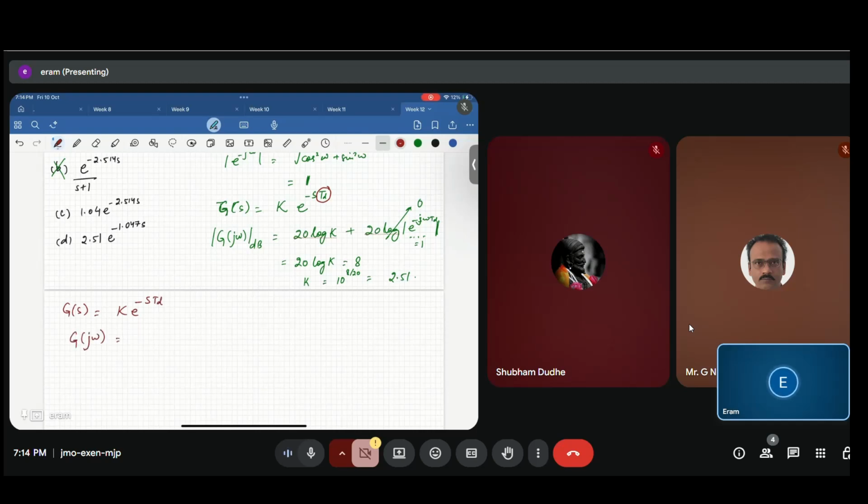G of j omega will be k into e to the power minus j omega td. Okay, so what is the phase of this system? We have a multiplication of two components, so the phases will be added. So what is the phase of a constant? It is 0. Okay, and what is the phase of the exponential?